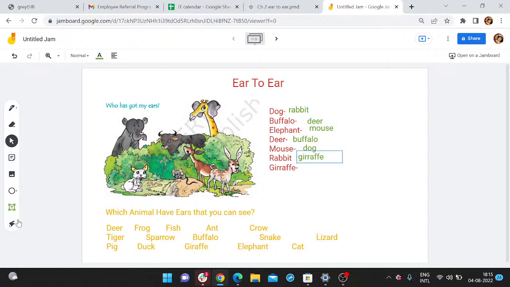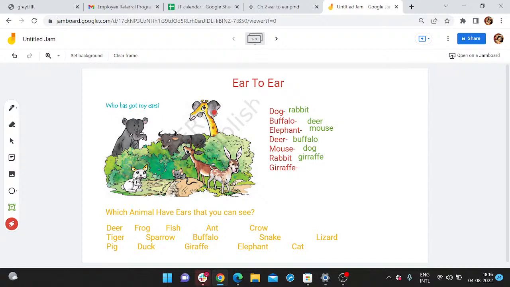Now last but not least, elephant. The giraffe looks really odd with these large ears, and these are the largest ears I can see here in the picture, isn't it? And the largest and most massive animal here that we have is the elephant, which is carrying some very odd ears, and the color also matches the elephant's body, and that's how precisely the ears match the body of the elephant.